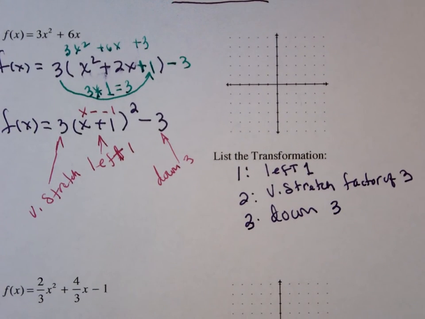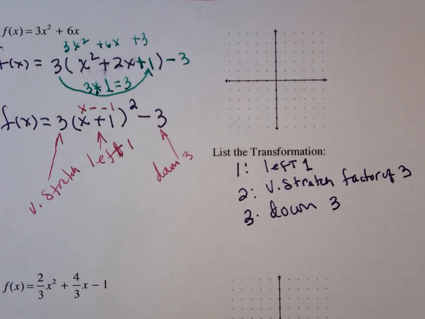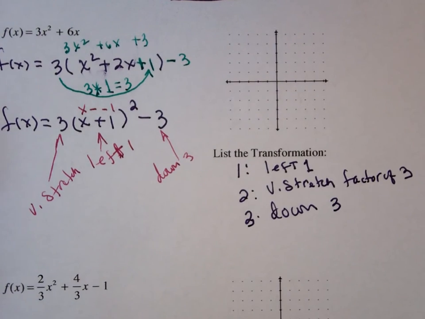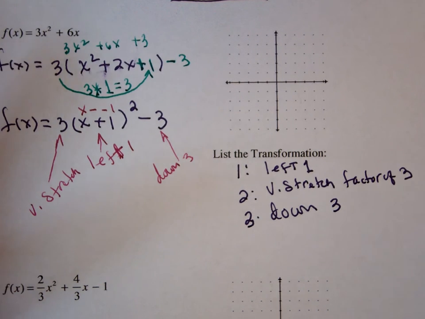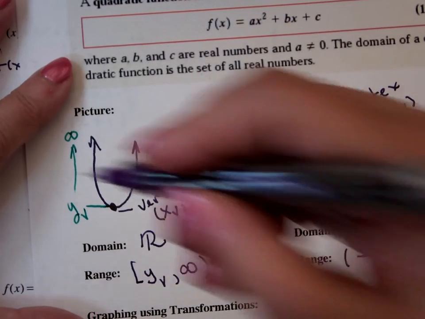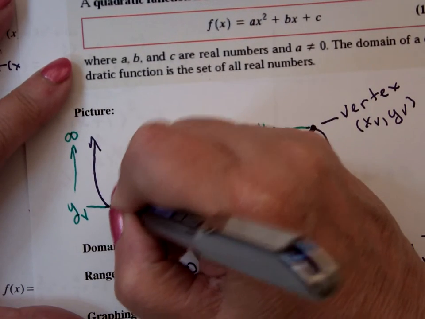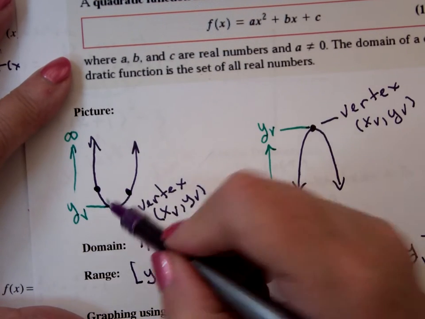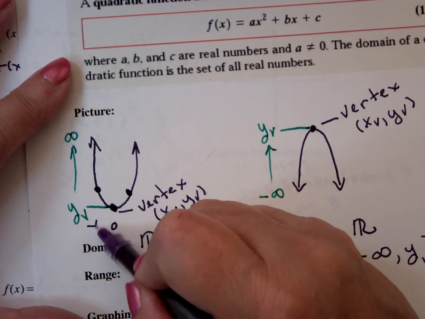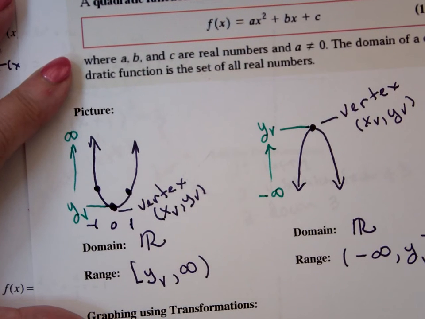Now the beauty of the parabola is, and this guy opens how? A is positive, so how does he open? Up, yeah. So all I need is 3 points. I need a point at the vertex and a point on either side of the vertex. And I'll choose 0, -1, and 1 for the transformation.